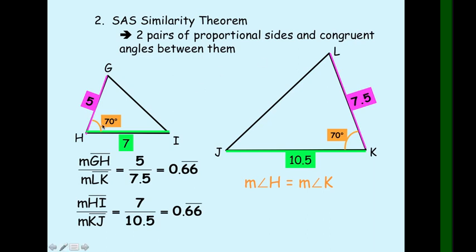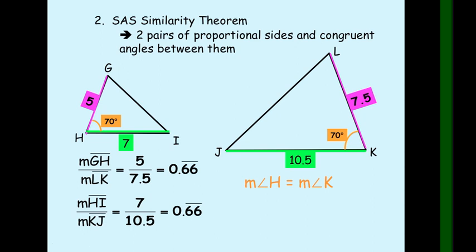Kapag 70 ito at 70 yon, ibig sabihin, pareho din yon. Kung ano ang size nito, same din ang size nito. I mean, proportionally. Na yung size nito, pag divide natin sa size nito, ang makukuha natin is 0.66 din. Okay?